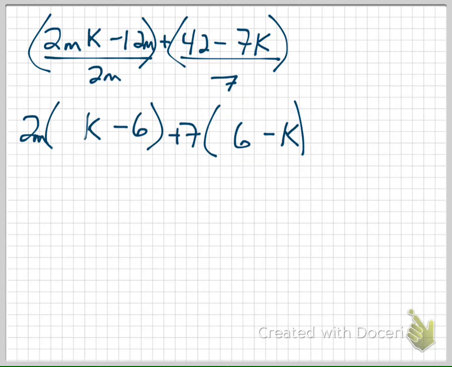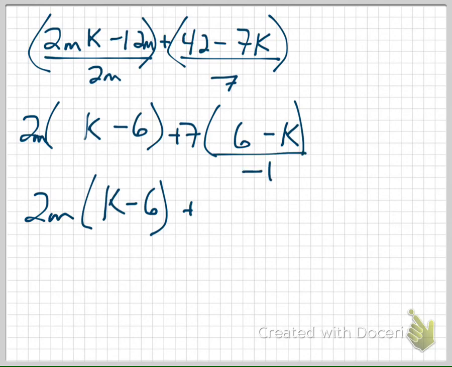So I'm going to go 2m times k minus 6 plus, and now it's like I'm pulling out a negative 1 here. I'm simply going to switch the signs. If I pull out a negative 1 here, that makes this 7 times negative 1, so it's not a plus, it's now a minus 7.